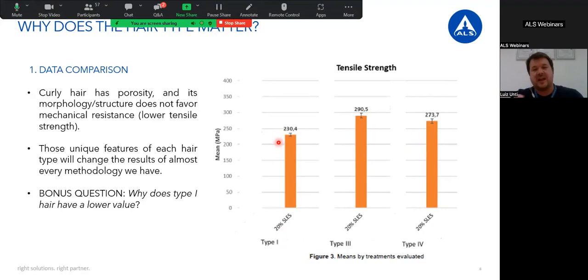So if any of you has an idea of why this type 1 here has a lower value, please write in the Q&A section, and we can discuss it a little bit at the end of the presentation. But the thing that I want you guys to remember from this slide is the hair type matters, and we have to define it before we move forward on the instrumental testing.